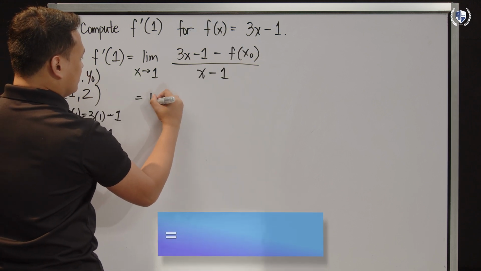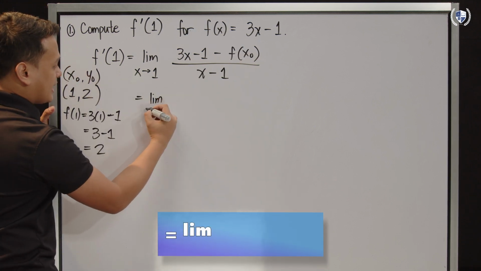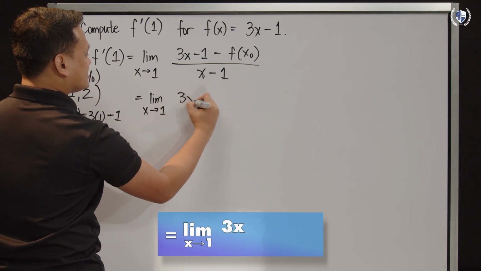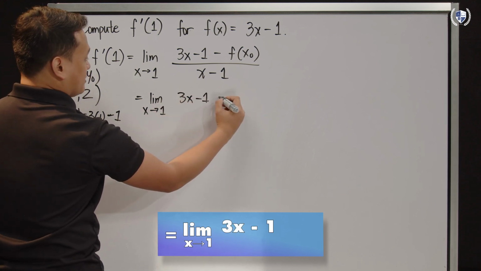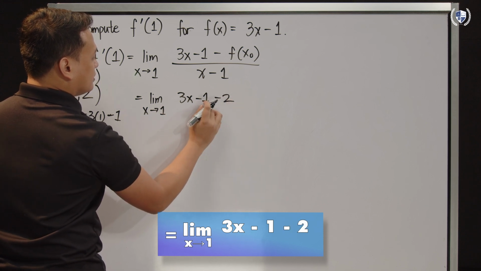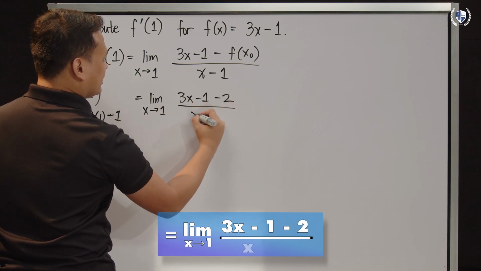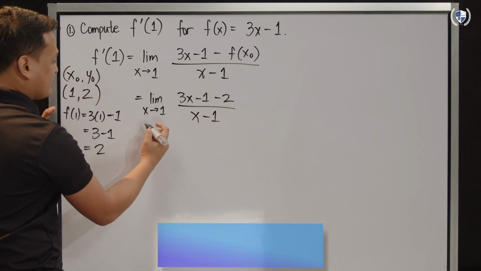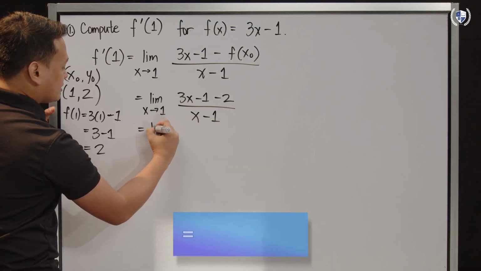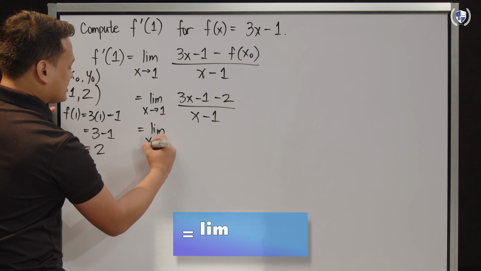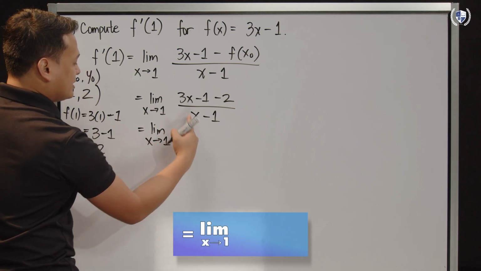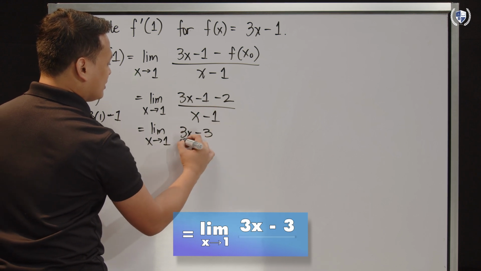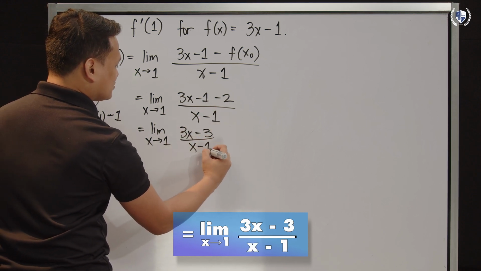This is equal to the limit as x approaches 1 ng 3x minus 1 minus 2 all over x minus 1. Simplifying our expression, we'll get the limit as x approaches 1 ng 3x, syempre this one is minus 3, all over x minus 1.